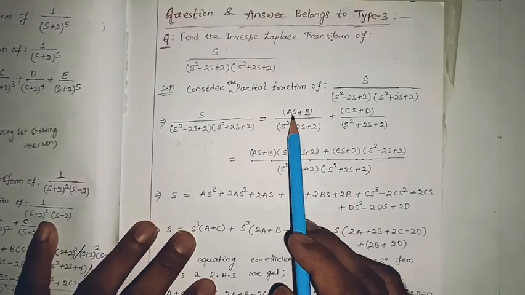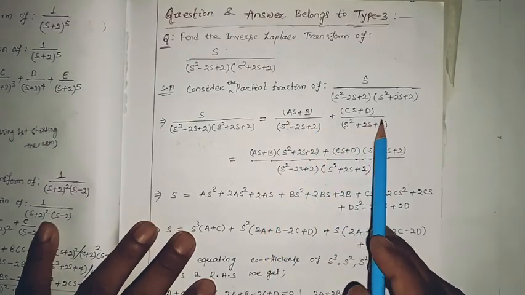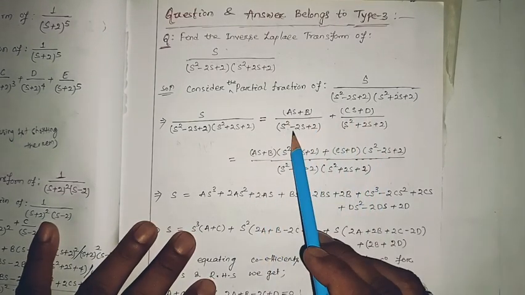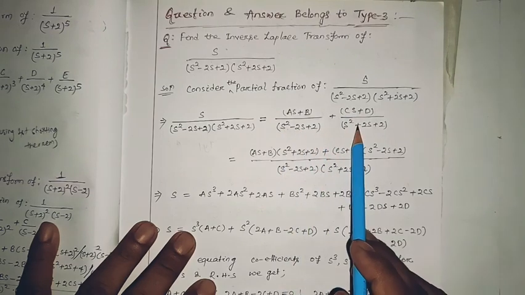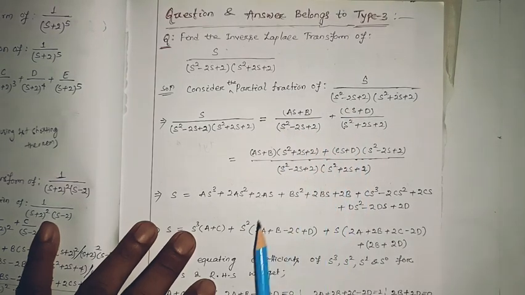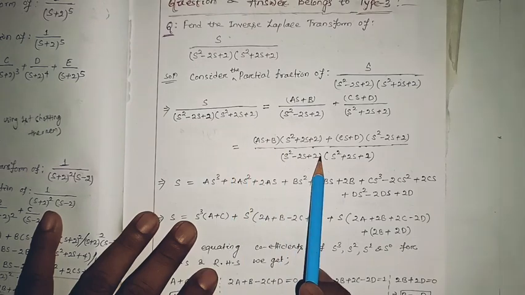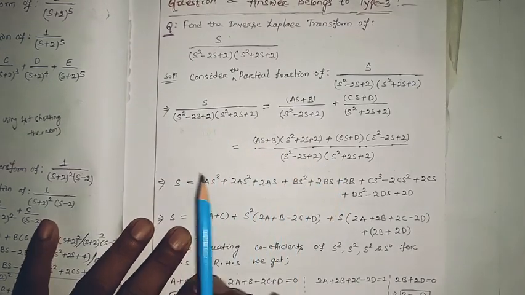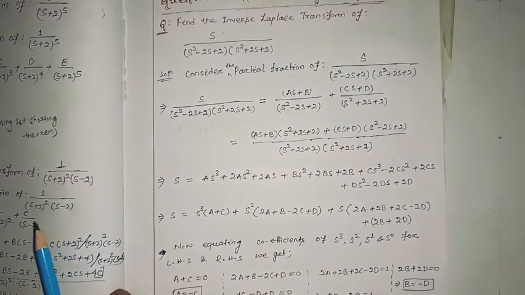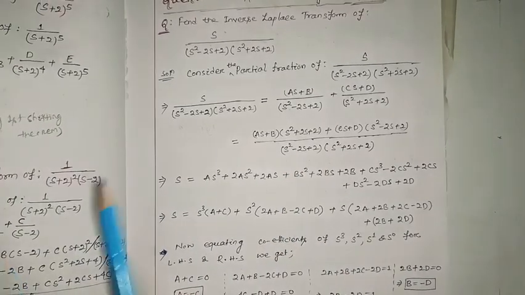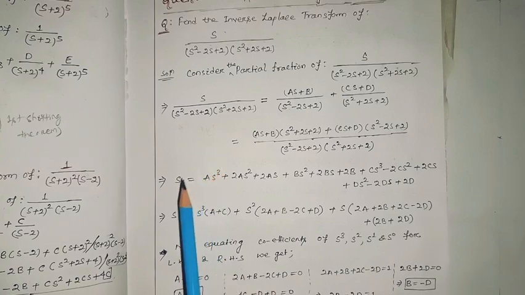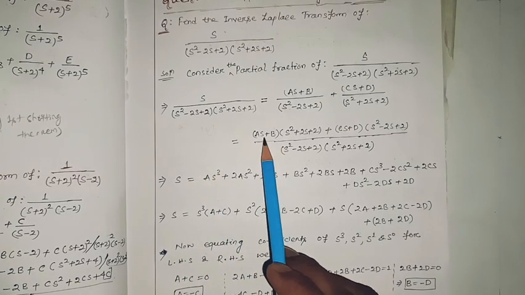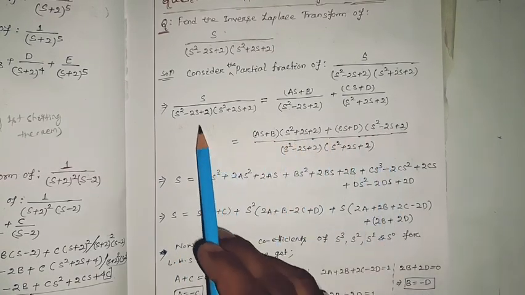If I add it, then (as plus b) into this term plus (cs plus d) into this term, whole divided by this into this. If I compare LHS and RHS, the denominators are the same. That means the numerators of both LHS and RHS have to be the same.